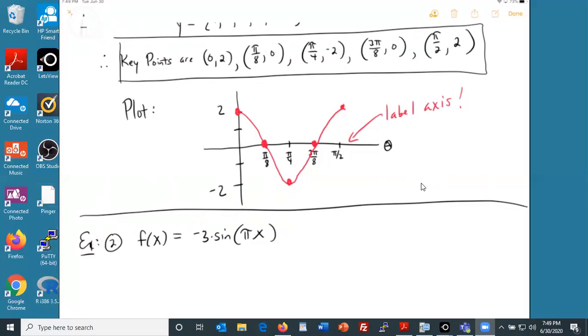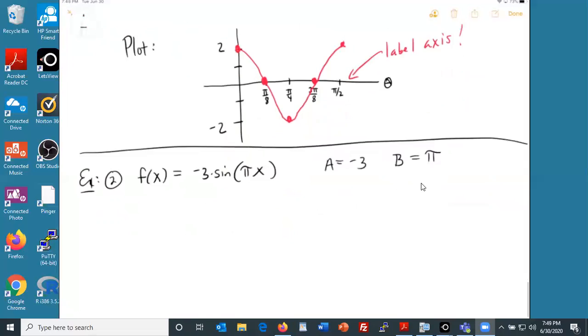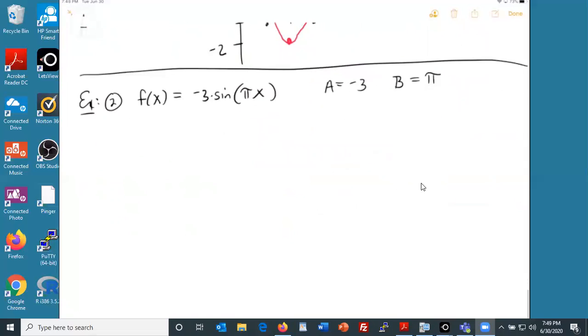Okay, so identify the a and the b values. You need those first. So a here would be -3, and b is pi. All right, x is the variable, so it's not pi x, it's just pi for the b value.